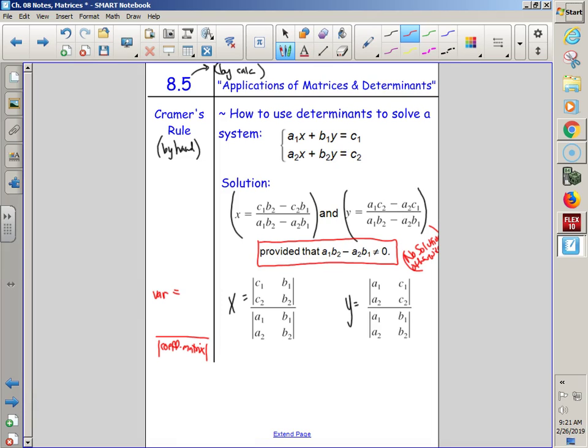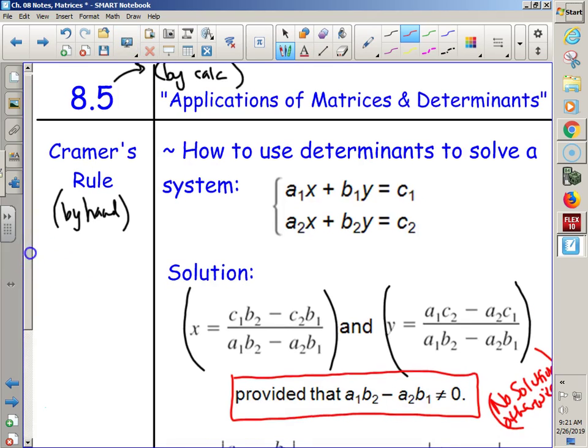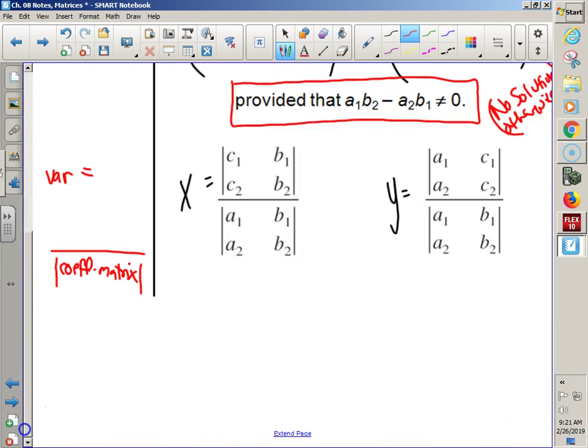So let's see how we can kind of reword that to make it a little baby formula that we can, in a sense, study. So we're going to have a determinant of the coefficient matrix, right? However, can I put replacing the variables column, what would that be?